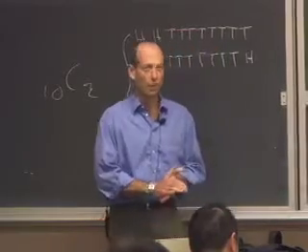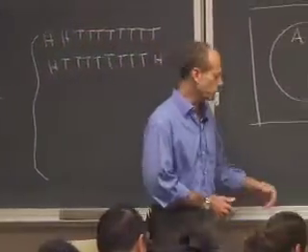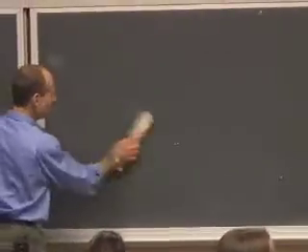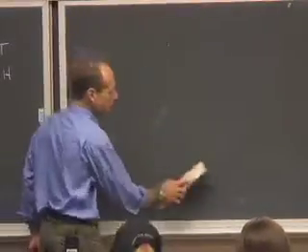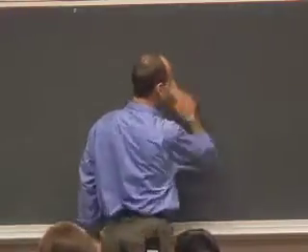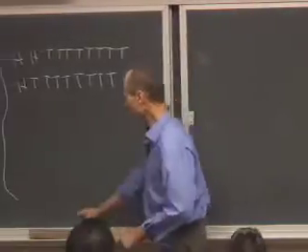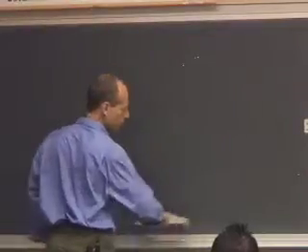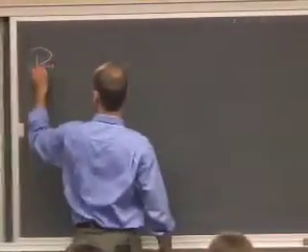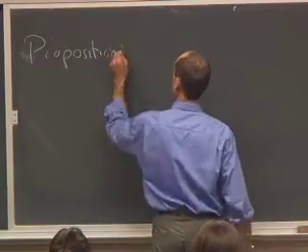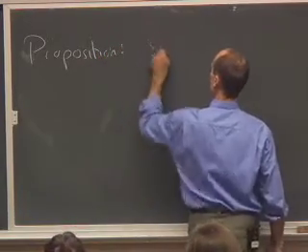All right, we're on to talking about propositional logic, which is basically how you mathematically combine statements that can be either true or false using logical operations. So the fundamental entities that we have are propositions. A proposition is a statement that can either be true or false.